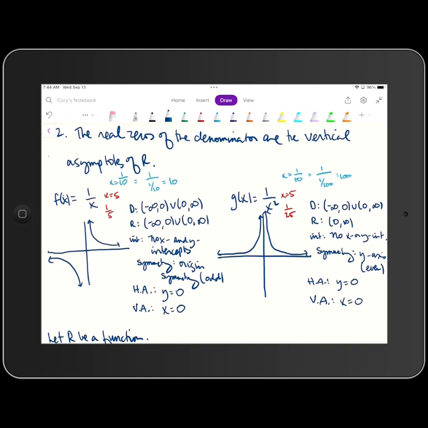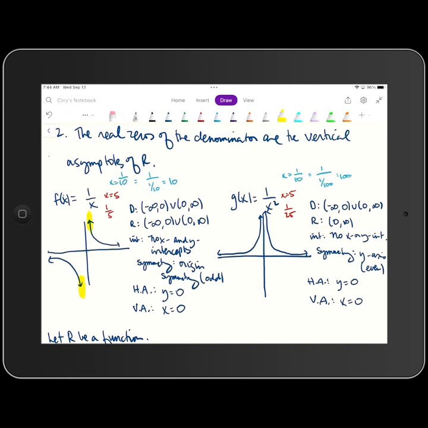And when we look at the multiplicity of the 0 in our denominator, the multiplicity is 1, it's odd. So when that happens, your graph is going to go in opposite directions at the vertical asymptote. On the right-hand side, it goes to infinity. On the left-hand side, it goes to negative infinity.